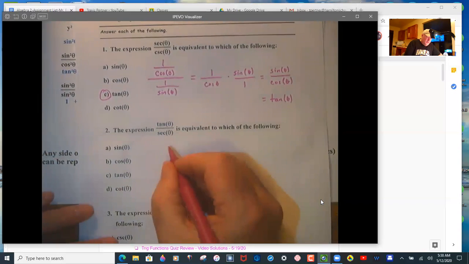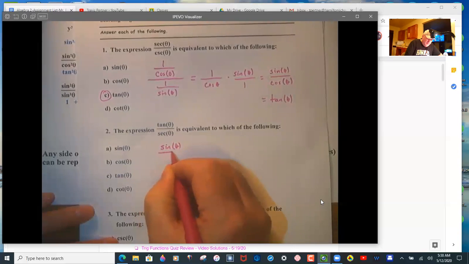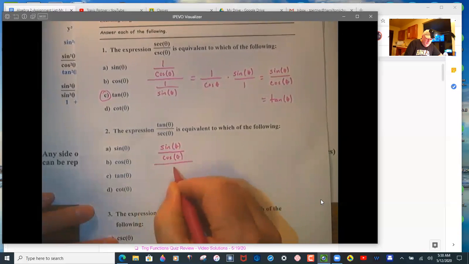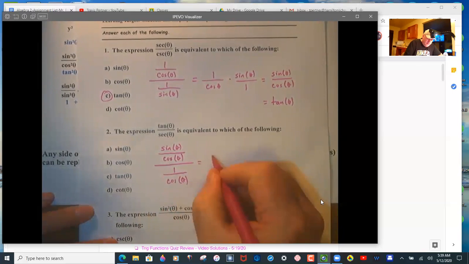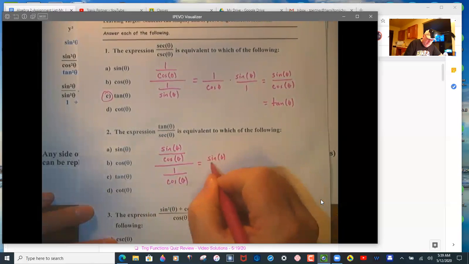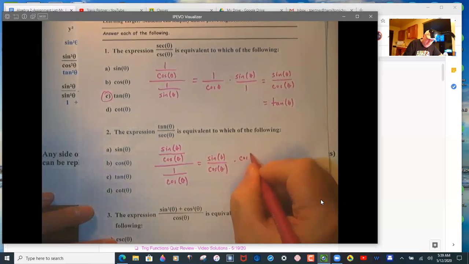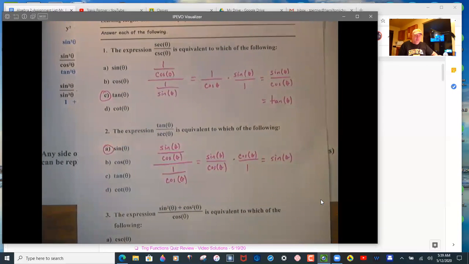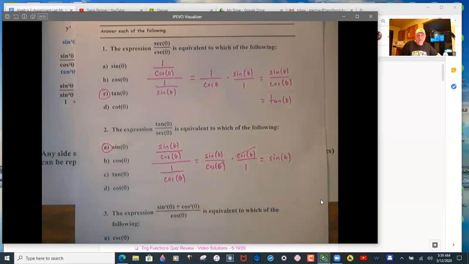Number 2, tangent. Okay, so tangent is sine over cosine. So the same thing's going to happen in this. We're going to get a fraction divided by a fraction over 1 over cosine. So this is going to be sine over cosine times cosine over 1. So we're going to invert the bottom and multiply. And that is going to give us sine when we drop out the cosine.